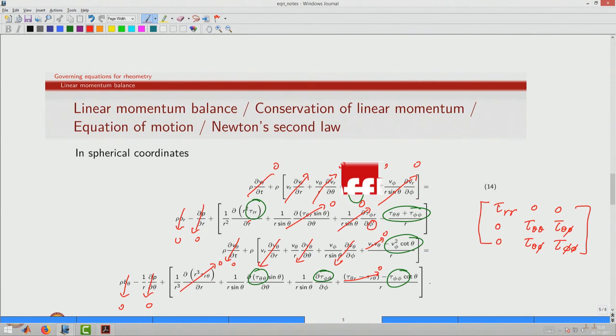So, what we do is we measure 3 quantities in any rheometric flow. We can measure tau theta phi, and we can measure normal stress differences.